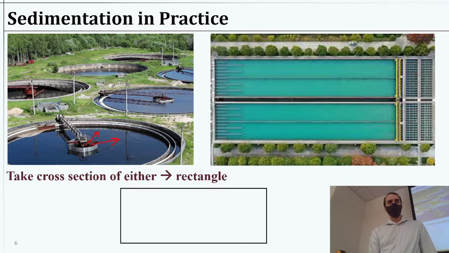At any radius away, you're going to have essentially water flowing directly away from that center point to the edges and water collected over the edges, whereas in a rectangular basin, you just have water flowing straight across.